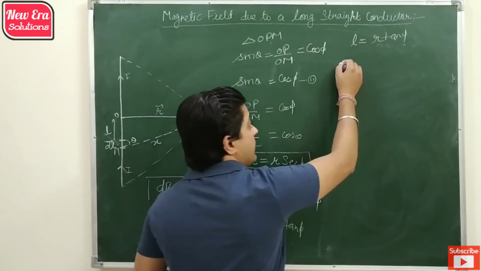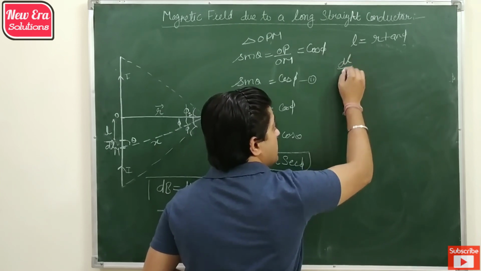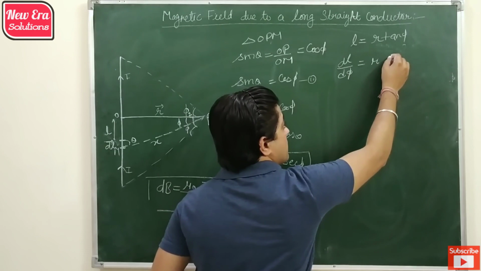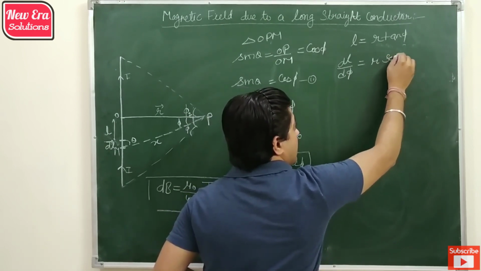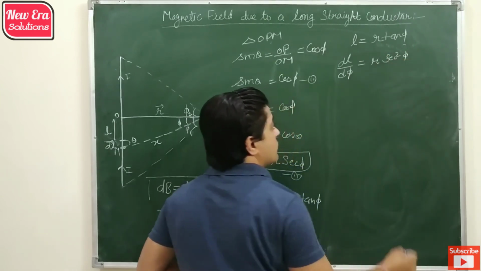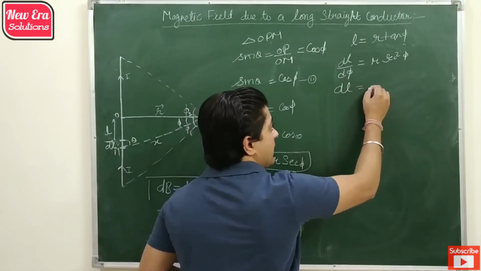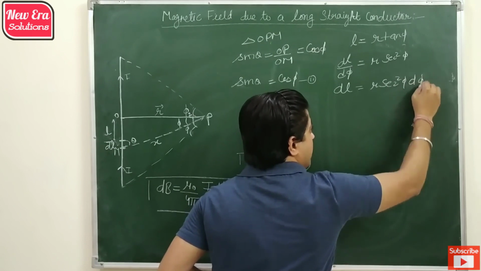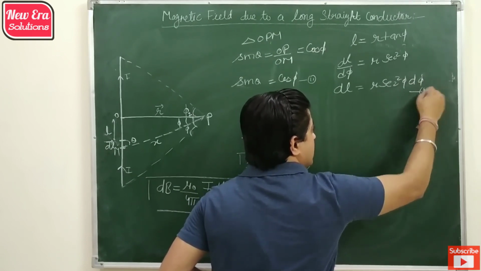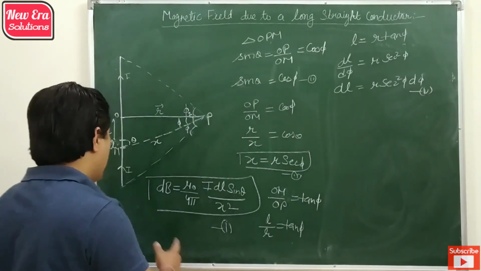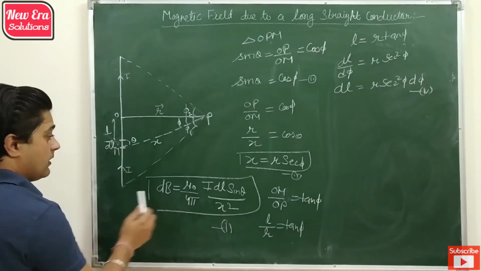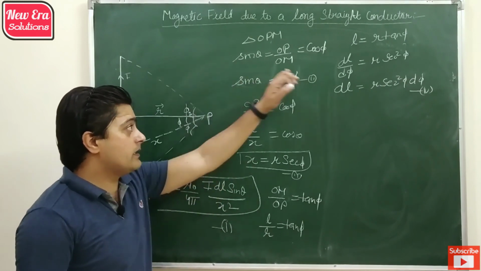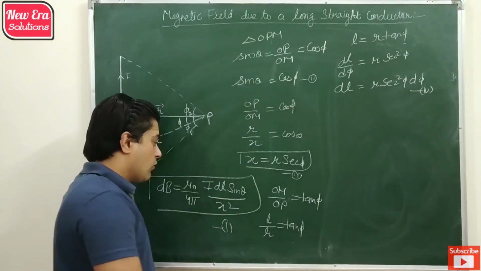So to find dl, we differentiate this equation with respect to phi. So dl by d phi, r is a constant as it is, tan becomes sec square phi. So dl can be written as r sec square phi d phi. This is equation fourth. And the third part of the Biot-Savart law, in which dl, sin theta and x are replaced by these given values.